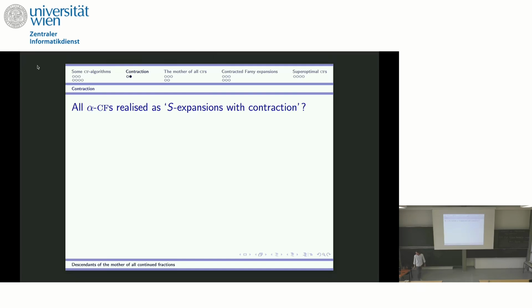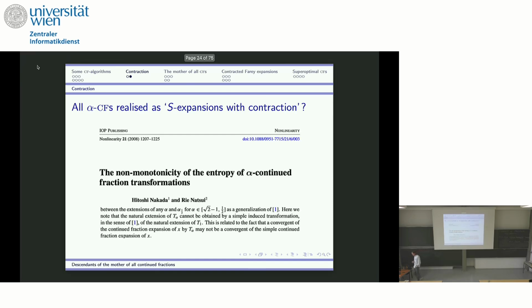This raises a natural question as to whether or not all of the alpha continued fractions are realized as S expansions together with contraction. So we have this more powerful technique where you can remove any convergents that you want. Can you realize all of the alpha continued fraction natural extensions just with contraction? And the answer is no, you can't. This is essentially explained in an introduction by Nakada and Natsui from 2008.